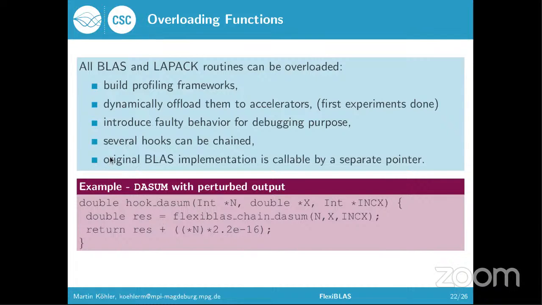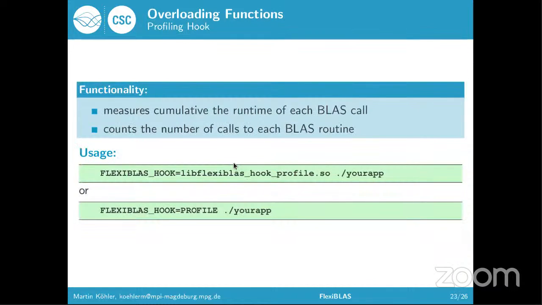And with some tricky additional stuff that's not completely ready until now, you can call the original BLAS library in every case, and you can also call the NETLIB implementation in every case via a separate pointer. We will later see why this could be useful for debugging purposes. And how to use the stuff.